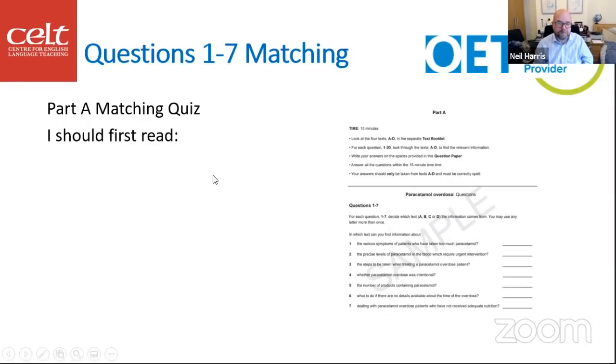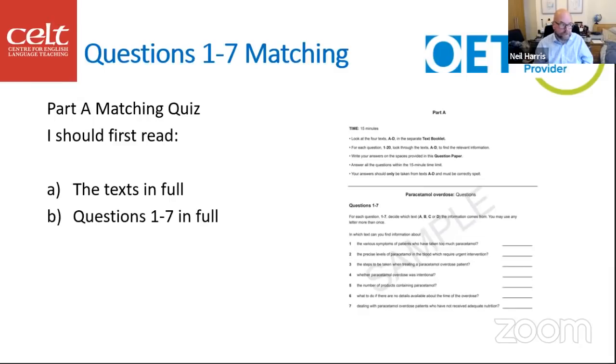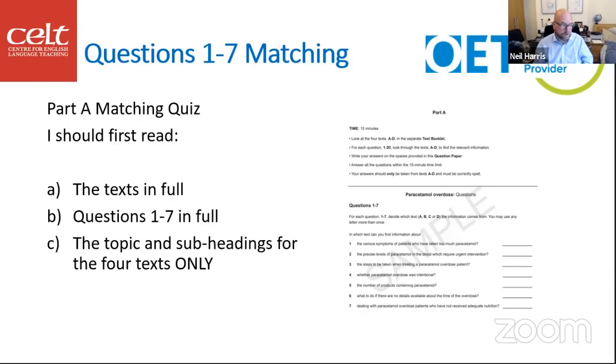I should first read, and here are your options, A, the texts in full, B, questions 1 to 7 in full, or C, the topic and subheadings for the 4 texts only. So your options are A, B, or C, and it's for you to decide which one is the best one to use here.